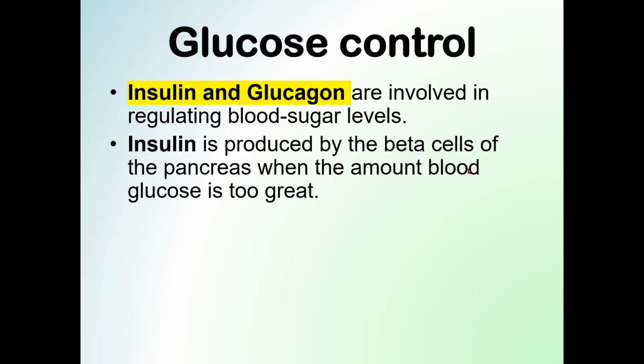Insulin is produced by the beta cells, the two sorts of cells are called alpha and beta, in the pancreas. So when the amount of blood glucose is rising too high, the brain sends a message to the beta cells: we need some insulin.